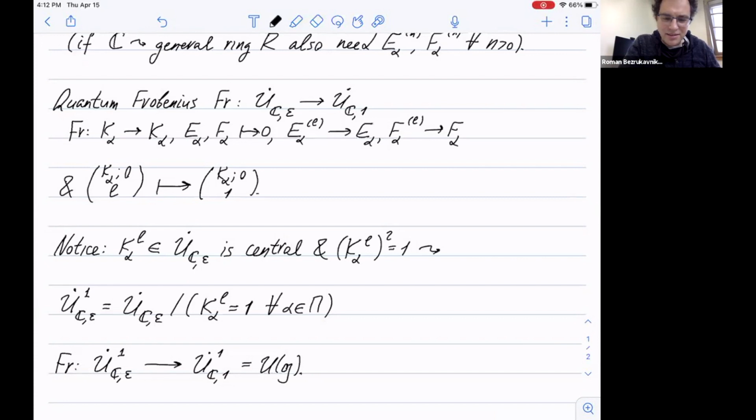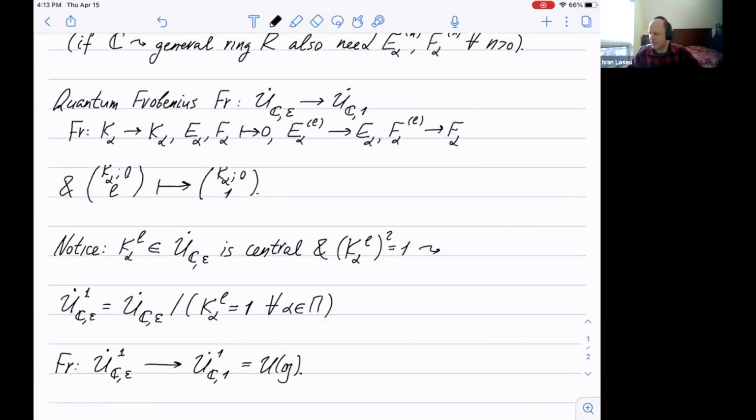Is there a theorem like that? Well, I'm not sure where you're going to go from U of G in characteristic 0. You could imagine something which goes to U_q and then goes on. I'm not sure. Okay.